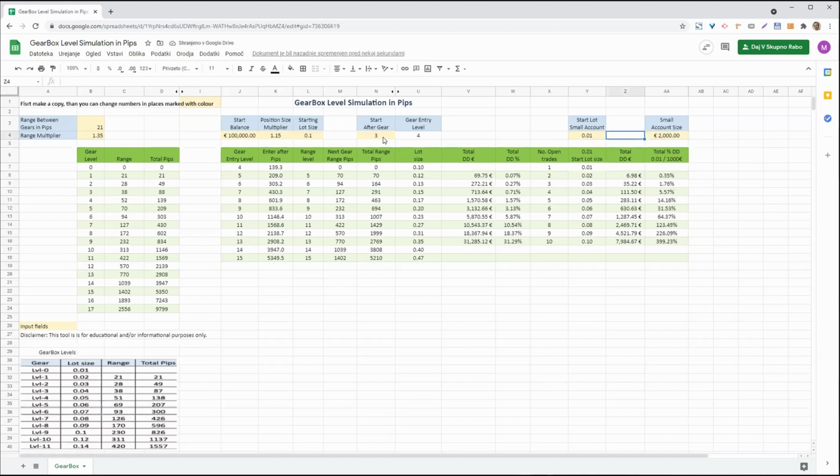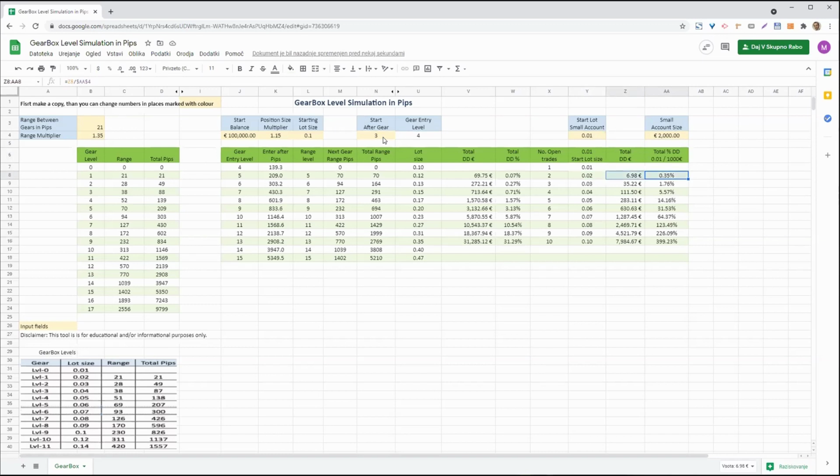So in this case, we say we start with after level 3 as our entry. So on level 2, when the next trade, 0.2 lot size, is opened, the drawdown will be about €6 or dollars, and this is 0.45%.